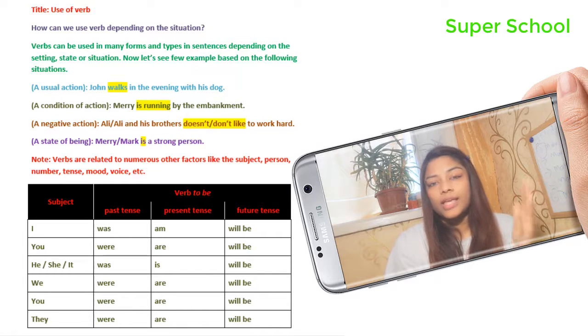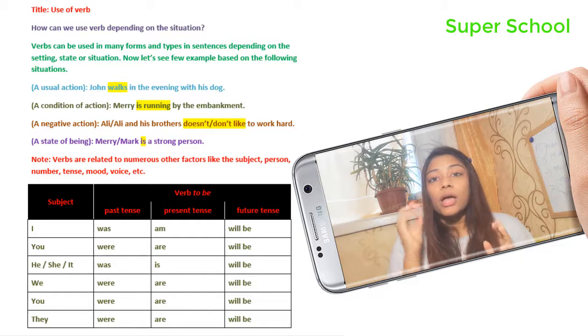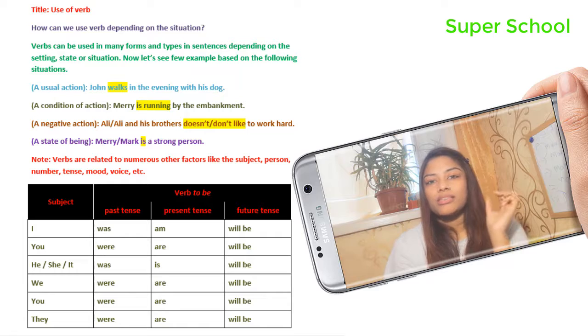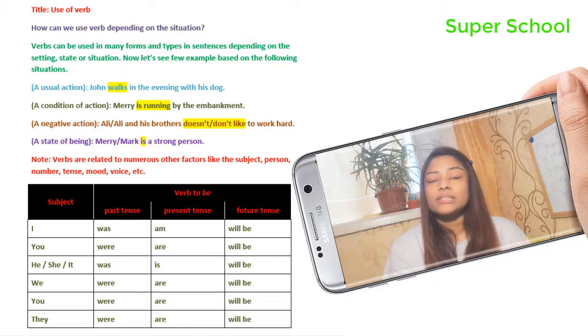Here Ali is the singular subject, that's why I have used does and added not with it, the negative verb. Now, if the subject is plural, like Ali and his brothers, then there will be do. So it's really important that you are concerned about subject-verb agreement while you're forming this type of simple sentence, because often English language learners struggle with the use of do and does.